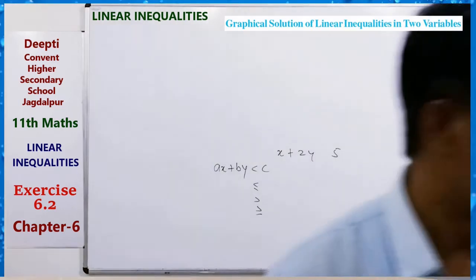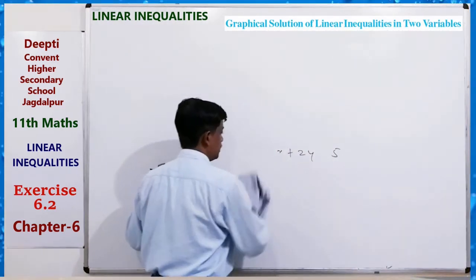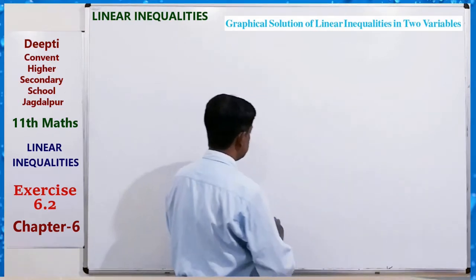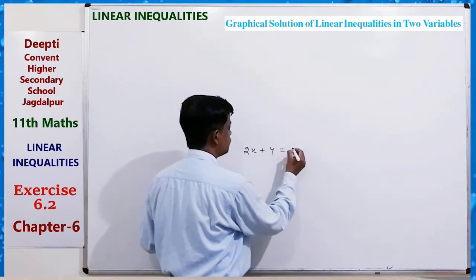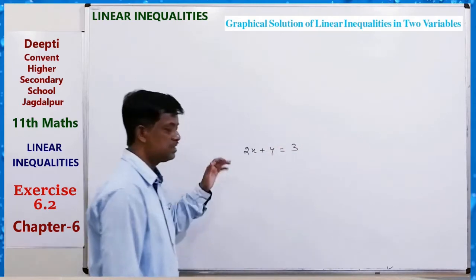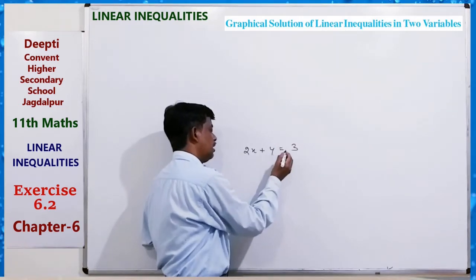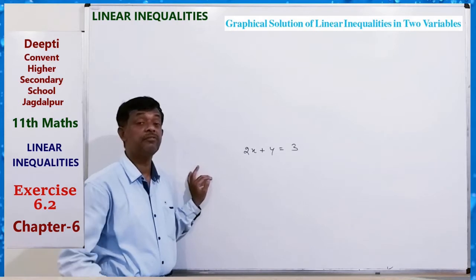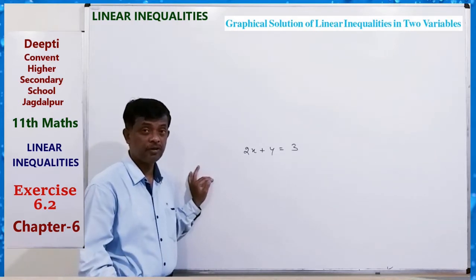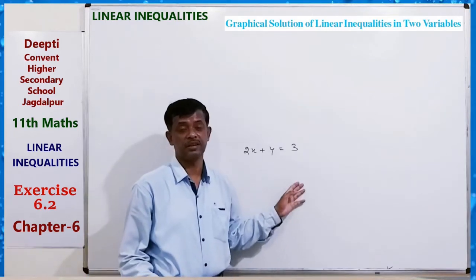Suppose we have 2x plus y equals 3. This is a linear equation, and it can be satisfied by infinite values of x and y, where x is a real number and y is a real number.